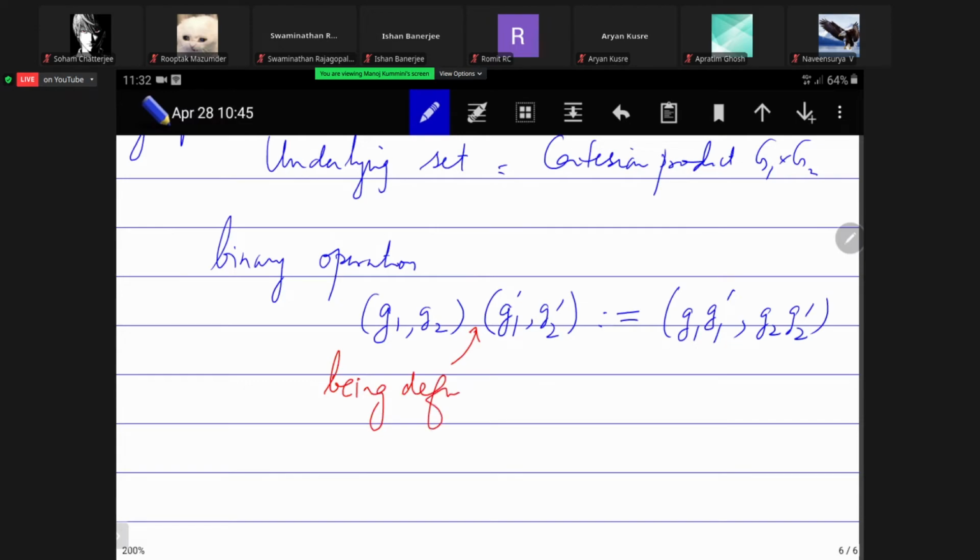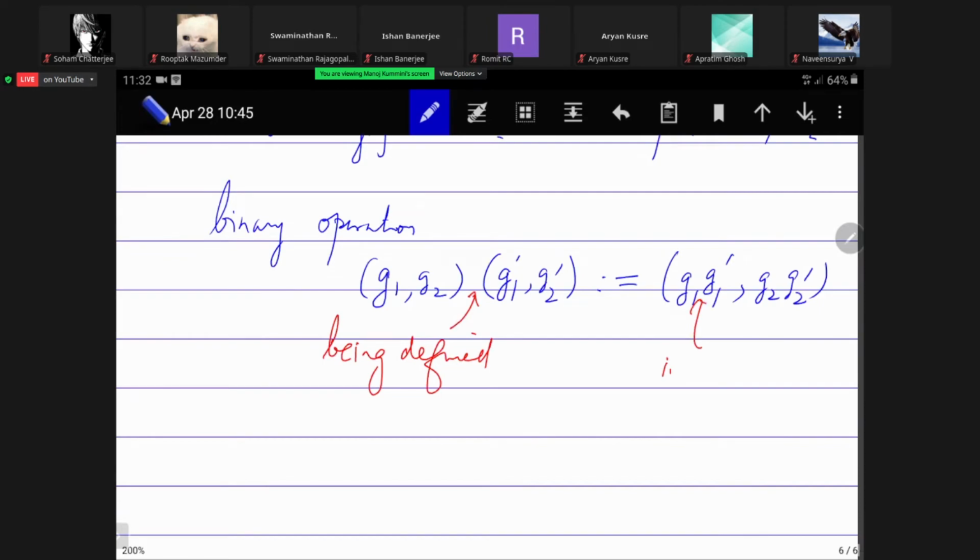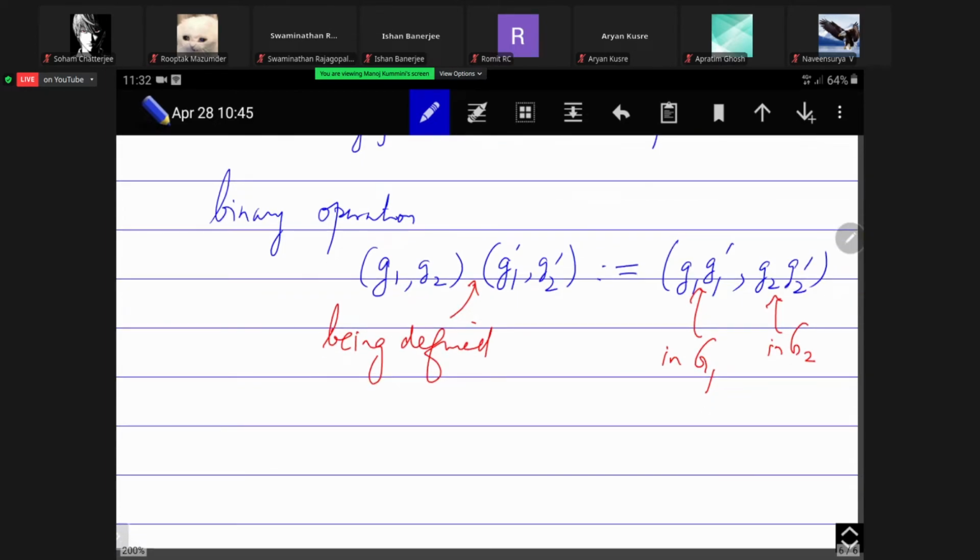This product is in G1, and this is in G2. What the operation on G1 is and what the operation on G2 is are given. So we can individually do these calculations, and we say that that is the product of this pair with this pair. This is how it is defined, and then one checks that.